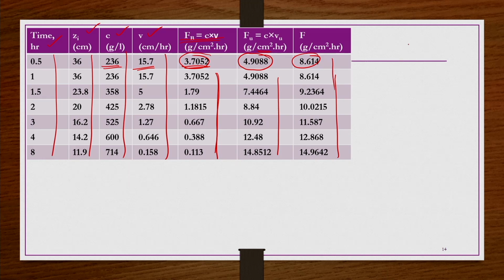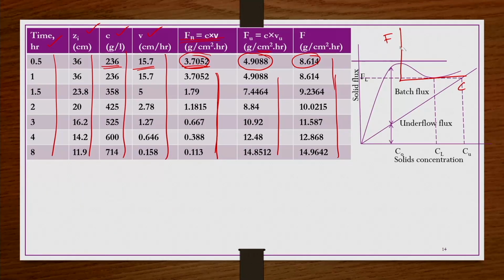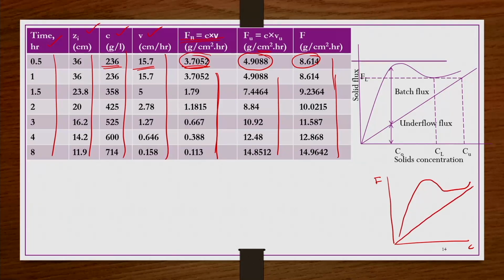If you plot the total solid flux F versus concentration, then you will have this kind of curve. We may not have exactly the similar nature of the curve, because I have shown an ideal condition. If you plot, you may have something like this, and then the underflow flux, if you draw it, you will have it like this.